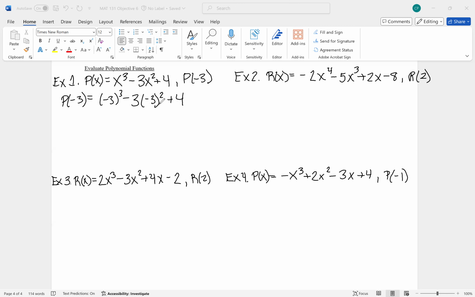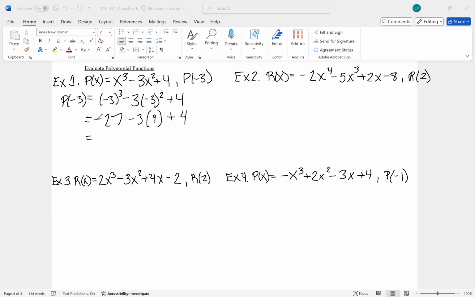From here, we follow the order of operations. Negative 3 cubed is going to be negative 27. And then we have another one that has an exponent. So we're going to do negative 3 squared, which is going to be positive 9. And we're going to bring down the plus 4. All right.